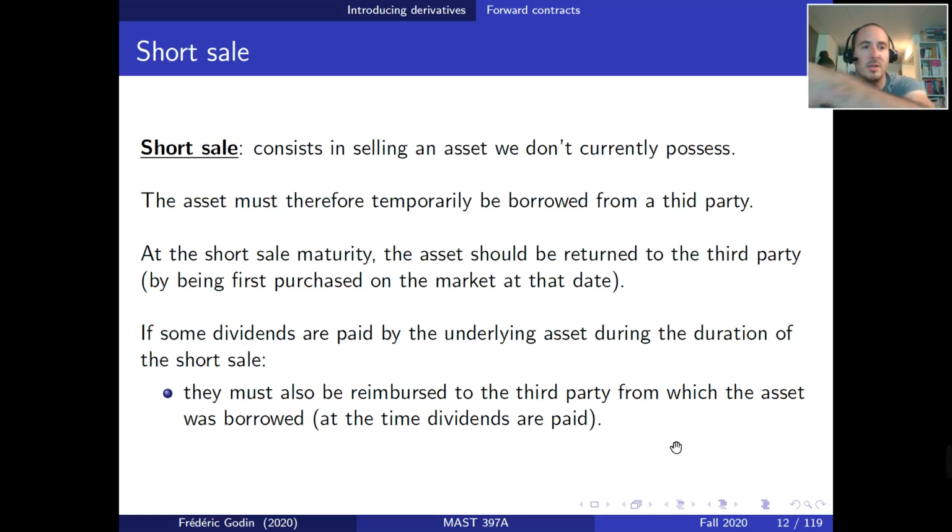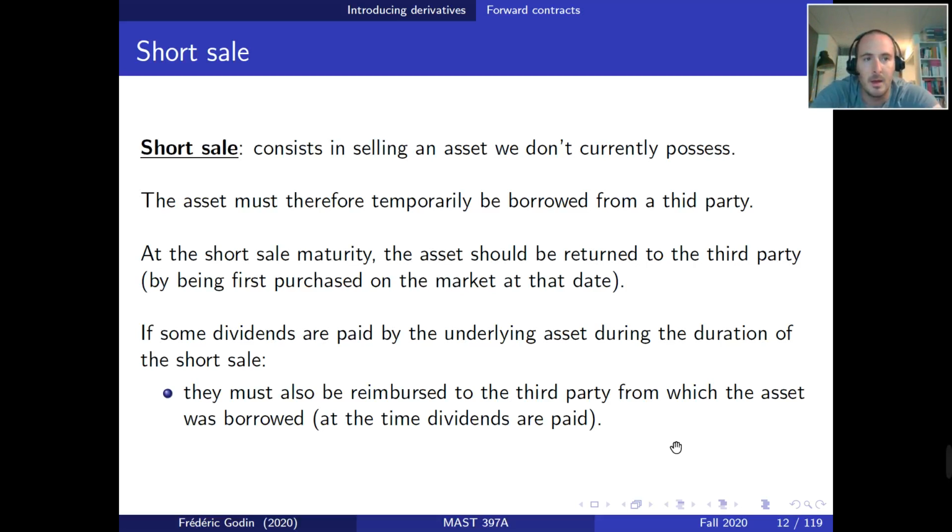You want to sell the stock because you feel it's overpriced, but you don't currently hold the stock. So what you will do, you will borrow the stock from a third company, sell it on the market, and then eventually in the future, you'll purchase it back in the market at a time where you hope the price will have stabilized or be more in line with your expectation, and then return it to the third party.